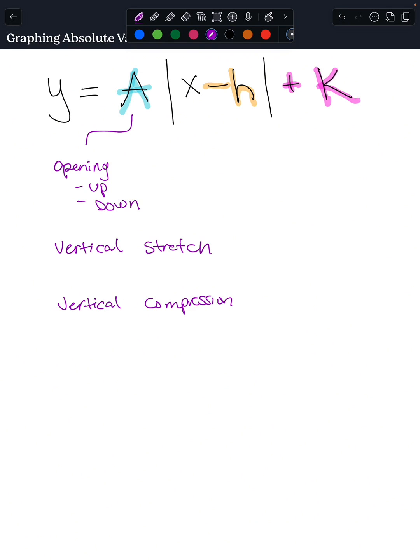When it's a vertical stretch, that means that your graph gets elongated, and you end up with a vertical stretch when your A is a whole number bigger than 1. And then the vertical compression, when A is typically a fraction and it's less than 1.